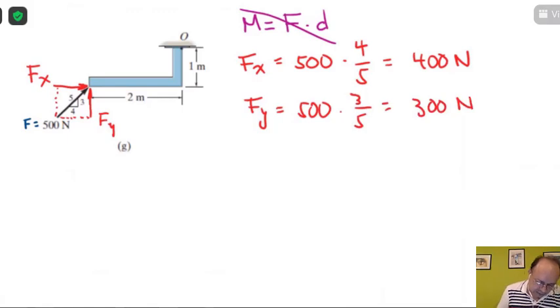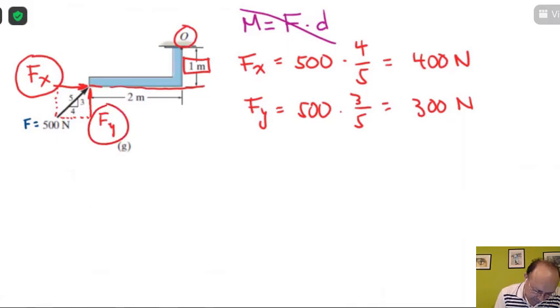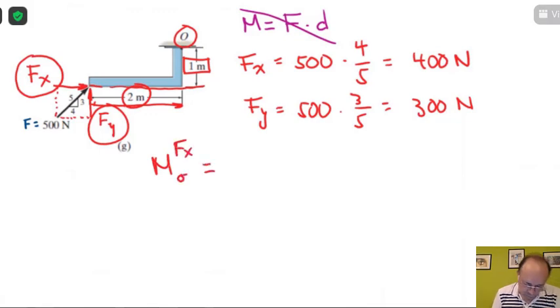And now if we get the distances for Fx, the distance of this line of action to point O is this 1 meter right here. And for this force, the distance from the force to the point O is this distance here that we have at 2 meters. So we can say that the moment of the force Fx with respect to O will be equal to 400 newtons times 1 meter.